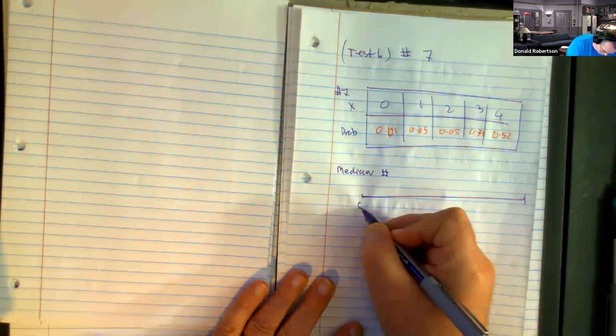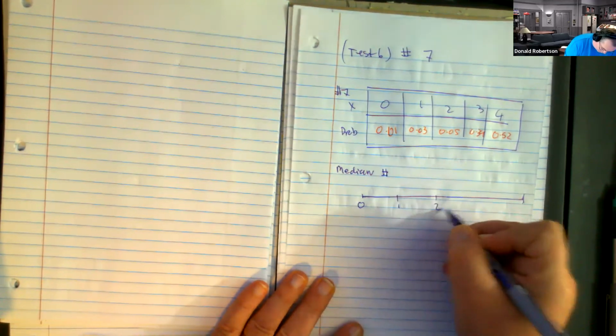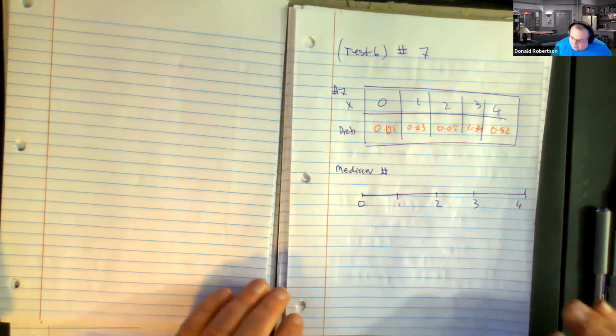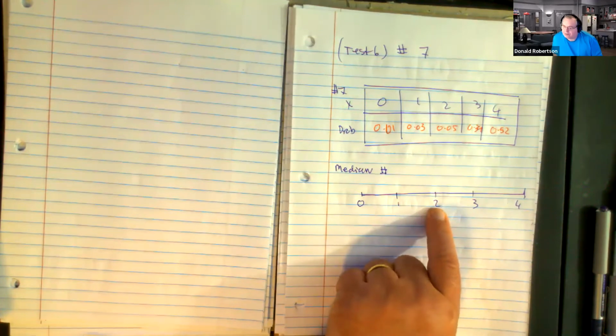So I'm going to start with 0 and go 1, 2, 3, and 4. Think of this as a number line where you line people up from the smallest to the biggest. Now, if it was just 0, 1, 2, 3, 4, wouldn't the middle number be 2? That would be the case if every one of these had the same probability.